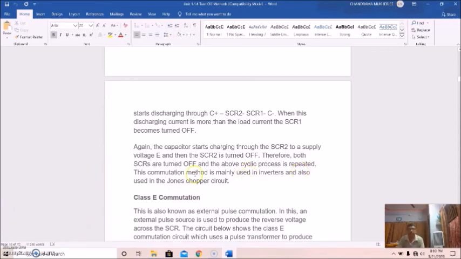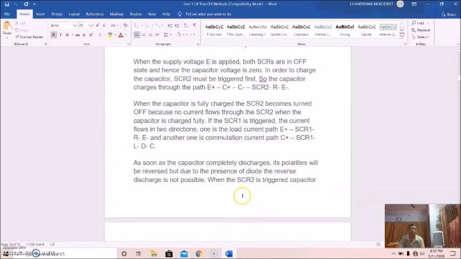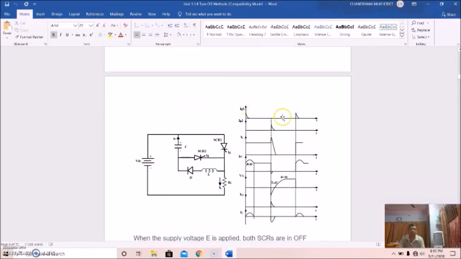Mostly this commutation method is used in inverters and also in the Jones chopper circuit. We have shown here the circuit waveform diagram. This is the gate supply for the main thyristor. This is for the auxiliary thyristor, and this is your load current.